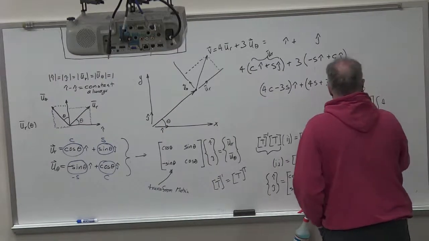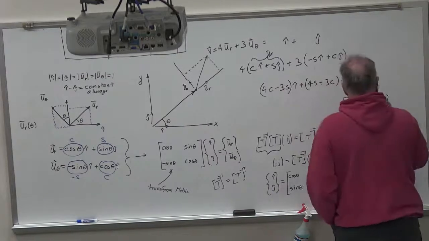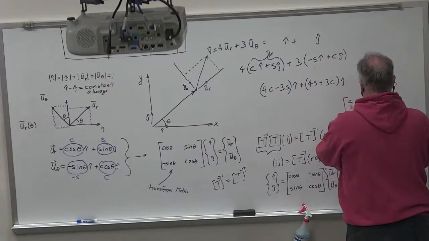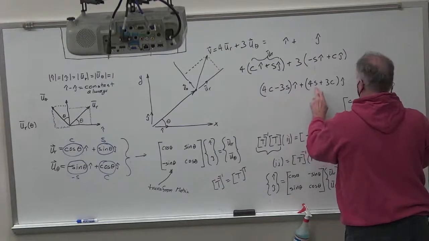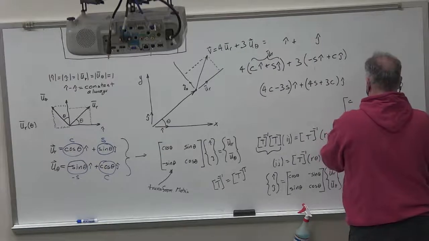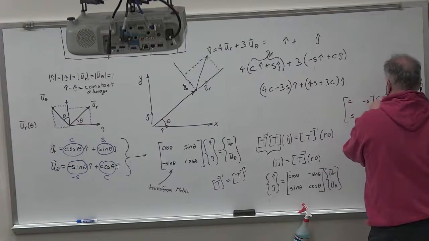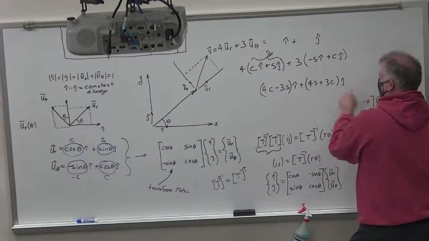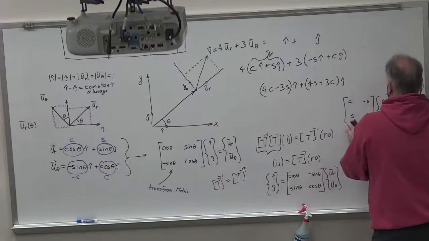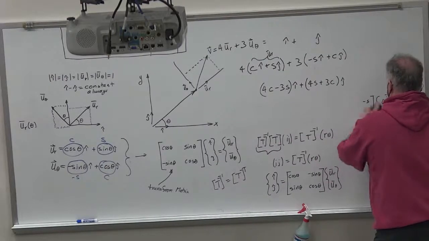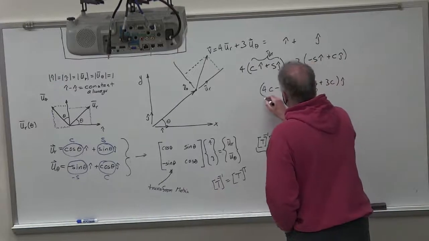So you take that transformation matrix, and you multiply times the components. That's 4 cosine, 3 minus 3 sine, 4 sine, 3 cosine. So you can take the transformation and directly use it on the components. This is something that happens later if you go to grad school, because then they start doing that. So that's all there is.